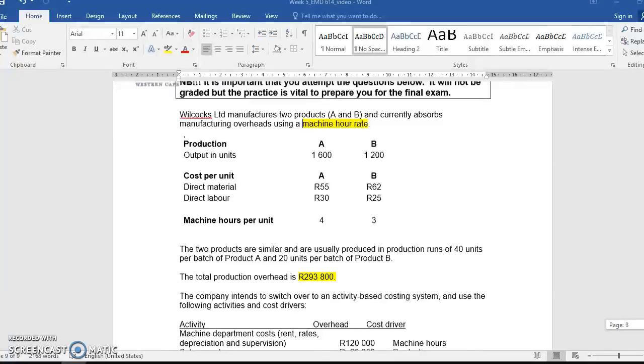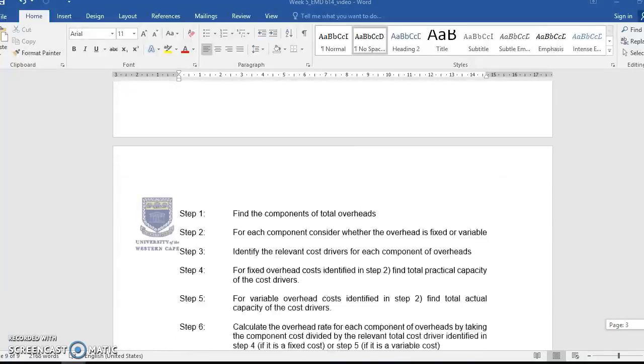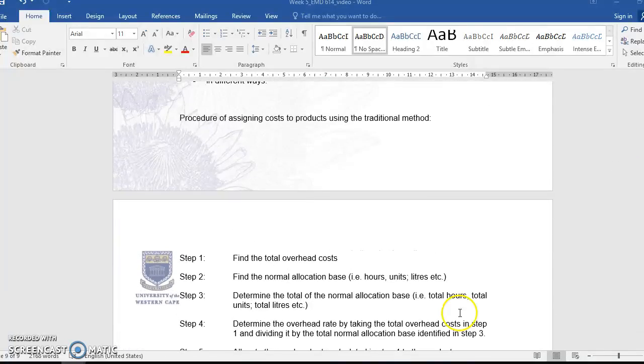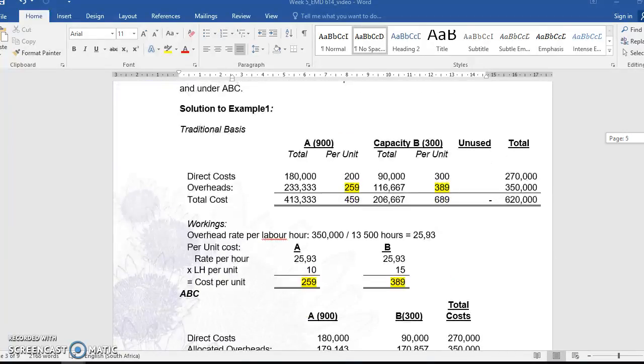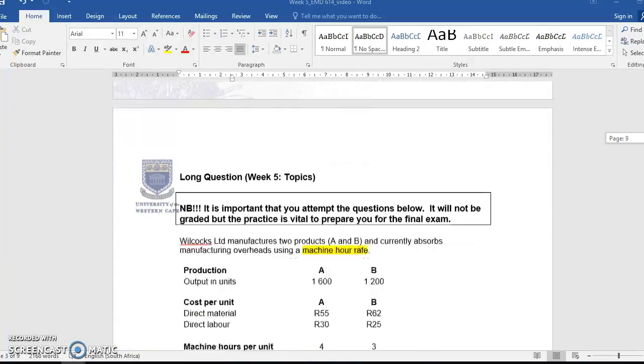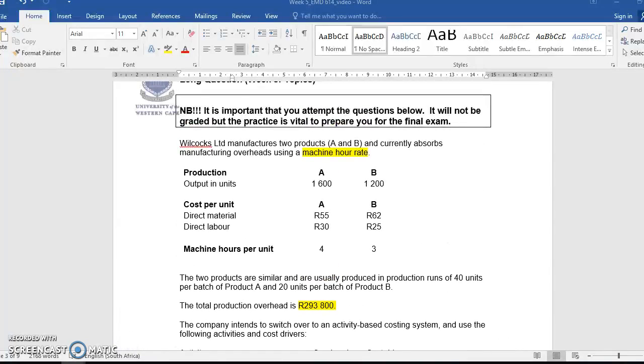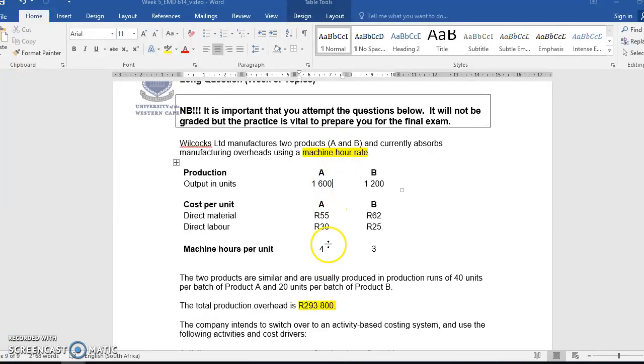The next step would be step 3, the normal allocation, machine hours. What is total machine hours? Product A uses 4 machine hours, so it's 1,600 times 4, plus product B uses 3 hours times 1,200.